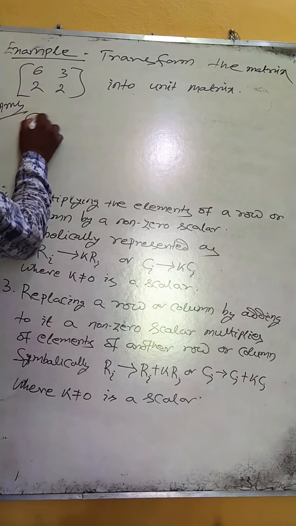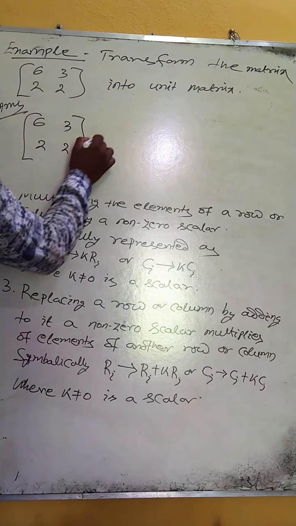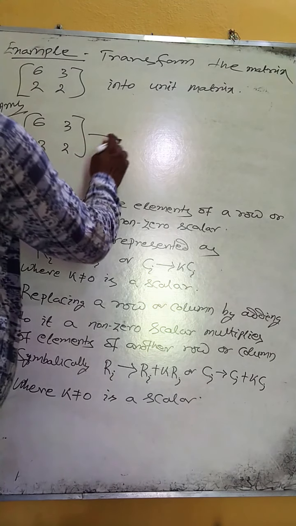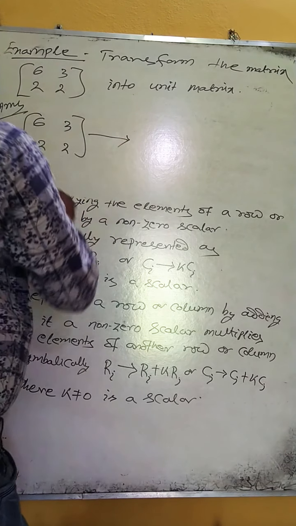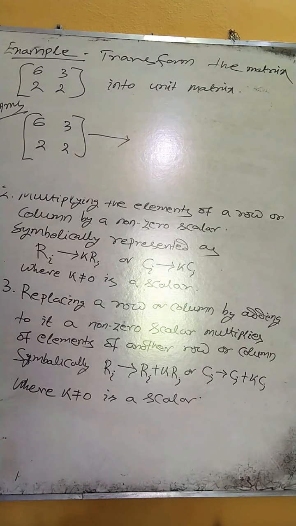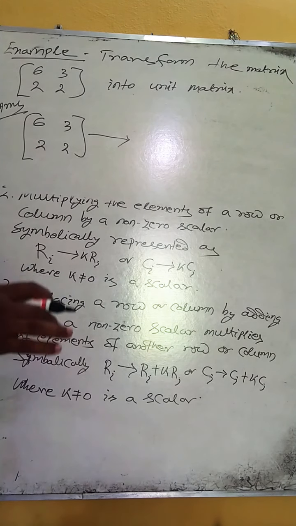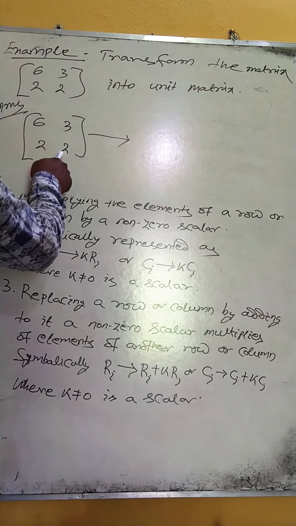Now this matrix is [6 3; 2 2]. So we multiply by 1/3 in the first row and by 1/2 in the second row. That means we divide the first row elements by 3 and the second row elements by 2.